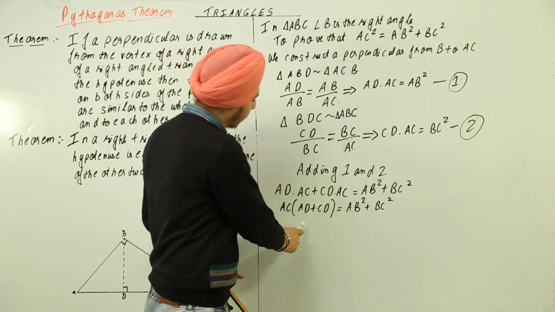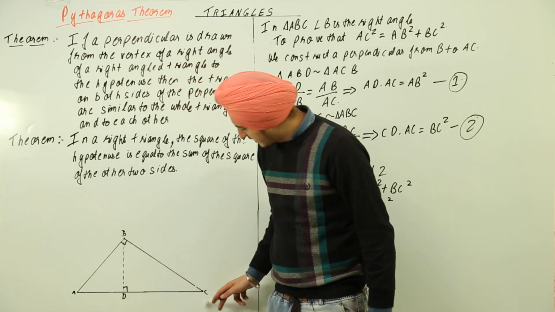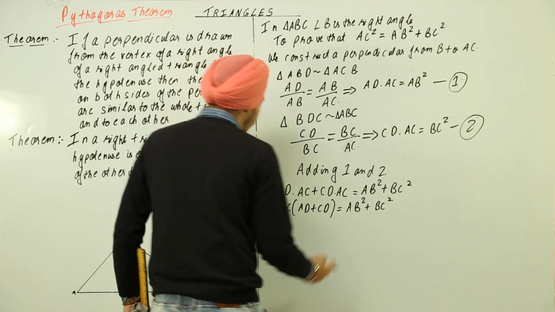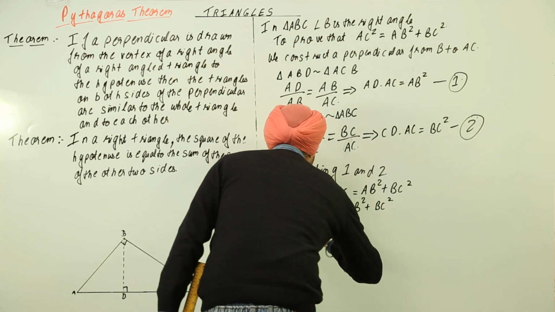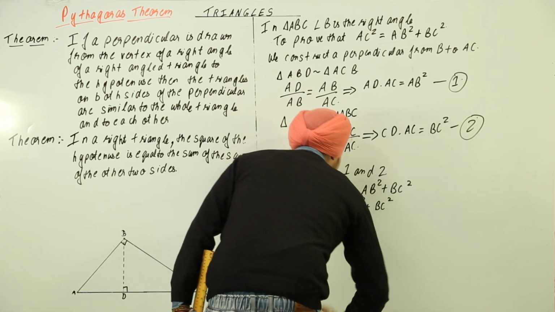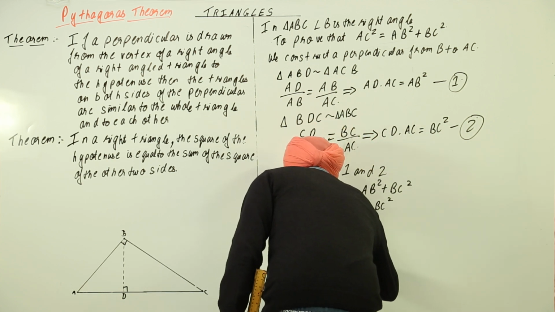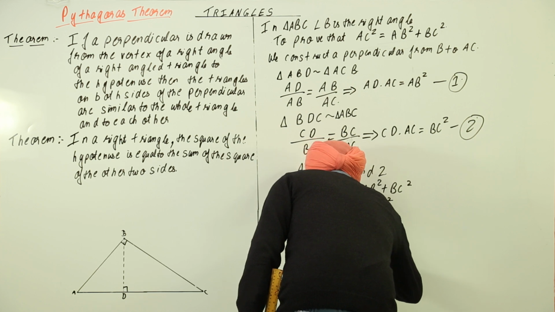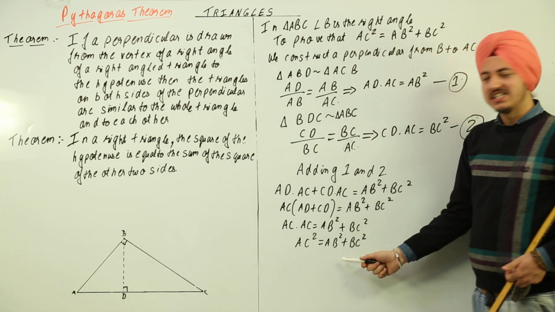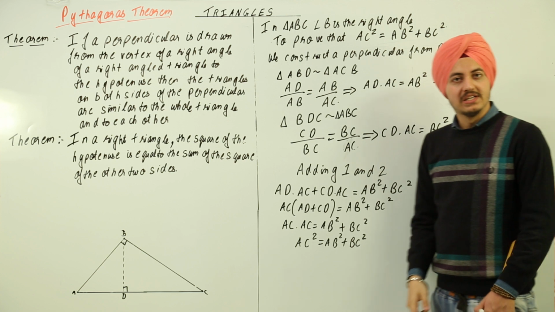Now tell me one thing, what is AD plus CD? AD plus CD is equal to AC, correct? So we have AC into AC, replacing AD plus CD by AC, is equal to AB square plus BC square, and this says AC square is equal to AB square plus BC square, and this is what we needed to prove.